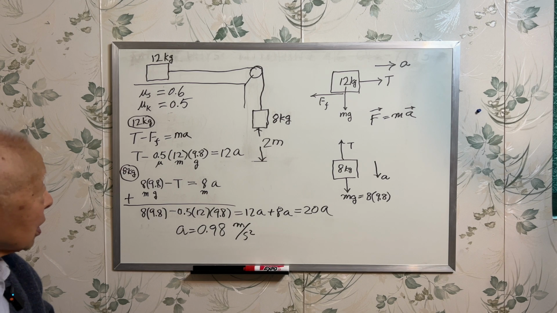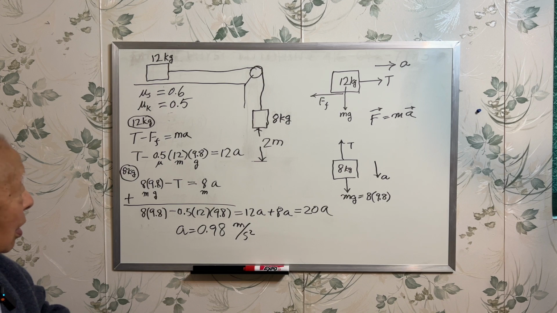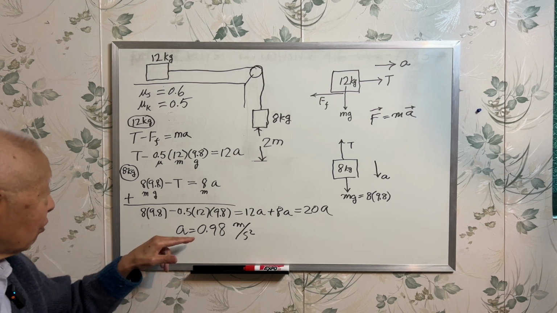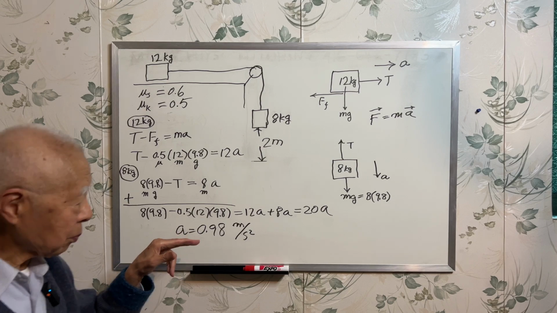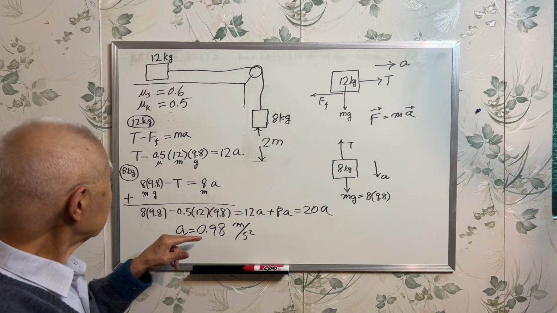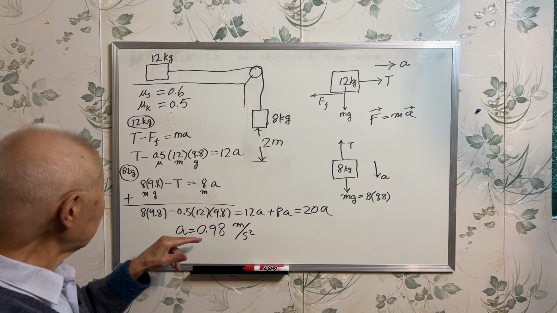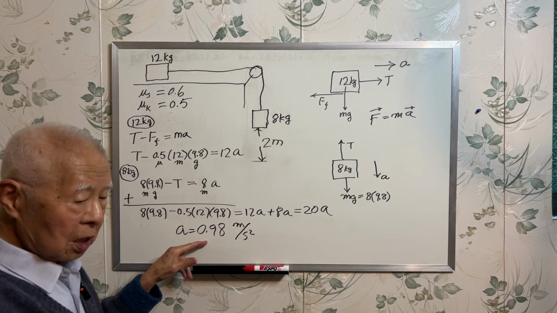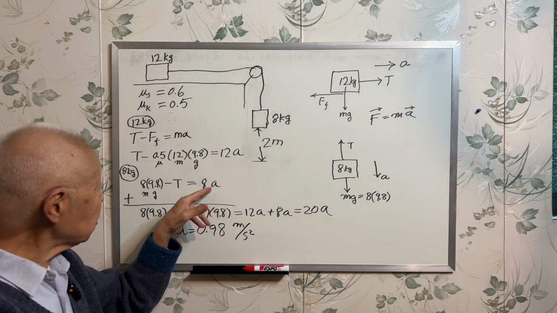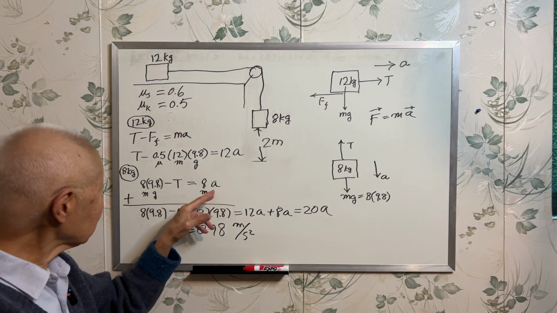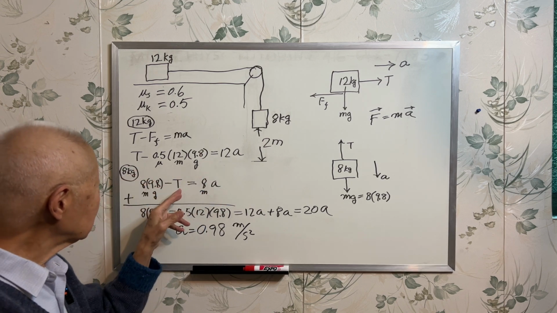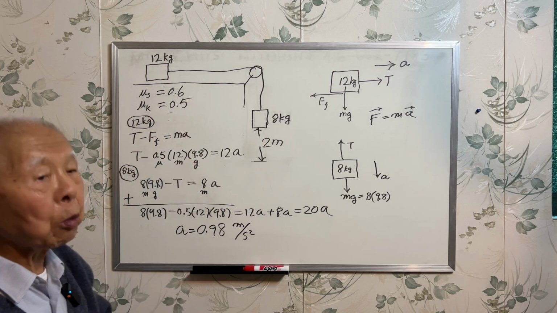Now the rest can be done by using the value of a. You put the value of a into either this equation or that equation, you can find the T. And T is what we want to find.